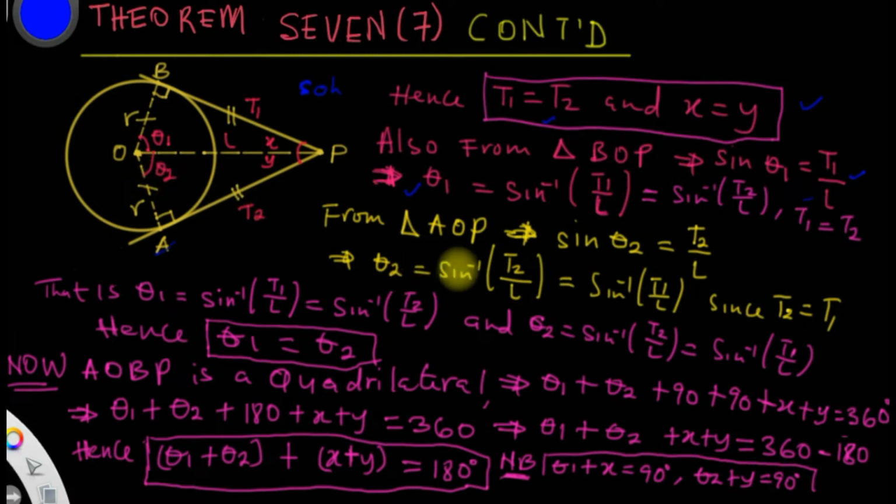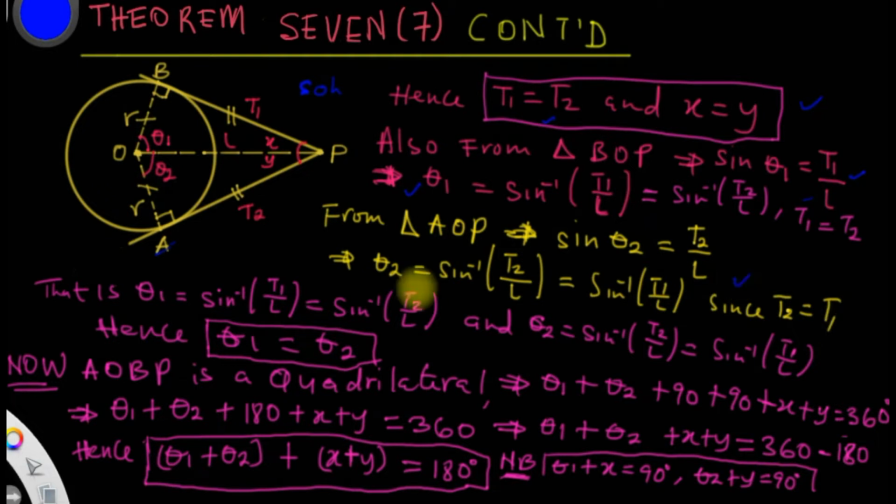So sin theta 2 is equal to opposite over hypotenuse, which is T2 over L. So theta 2 will be equal to sine inverse of T2 over L. And since T2 is equal to T1, it is also equal to sine inverse of T1 over L. Where we see T2, you can put T1 there. So we have to note this.